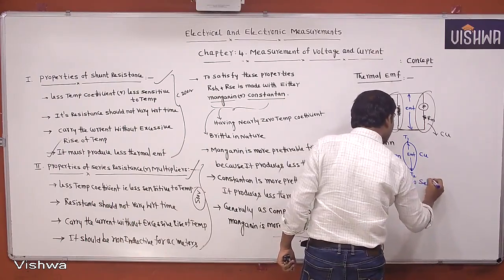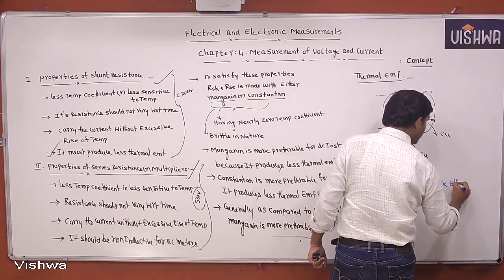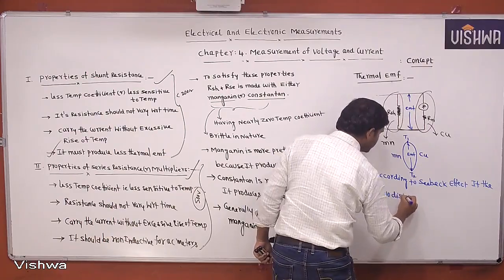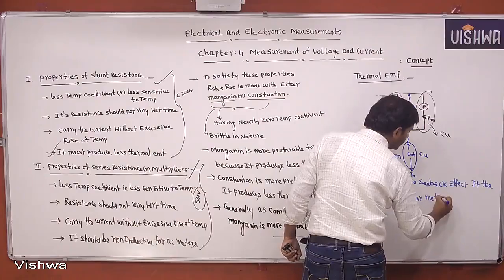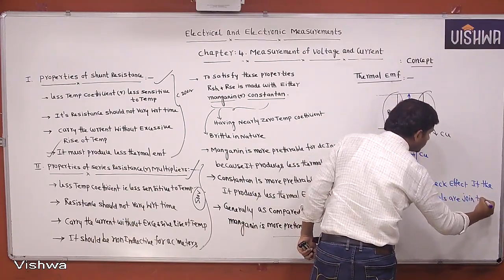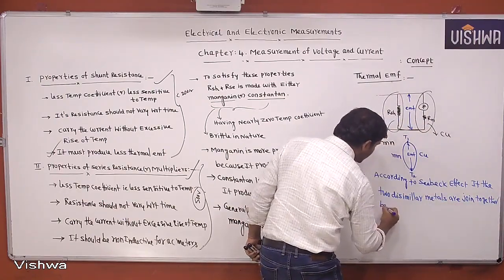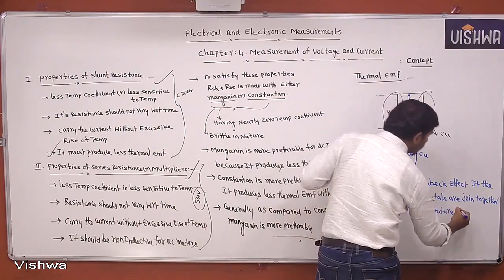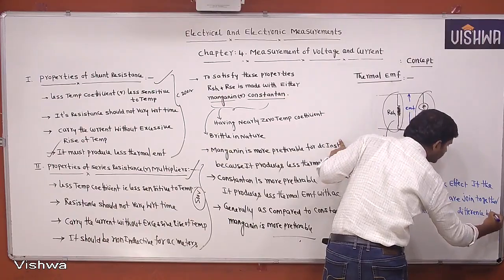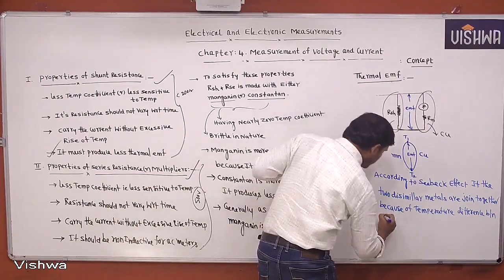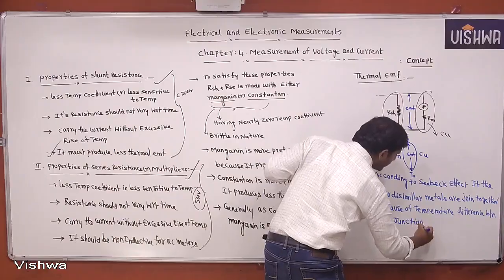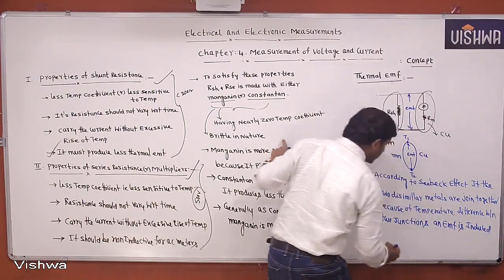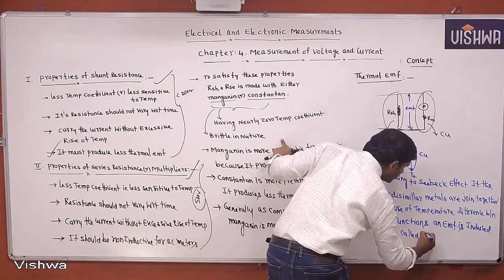According to the Seebeck effect, if two dissimilar metals are joined together, because of the temperature difference between the two junctions, an EMF is induced. It is called thermal EMF.